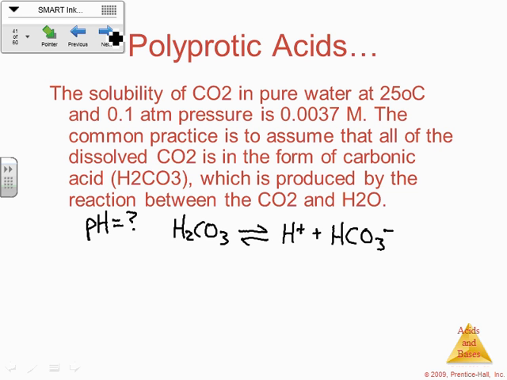Basically, you're just losing a hydrogen. Okay. So then if you make an ICE table for this, we know that we're starting with a 0.0037 molar concentration and none of the other 2 to start out with. And plus x, minus x, everything's still in a 1-to-1 ratio here.